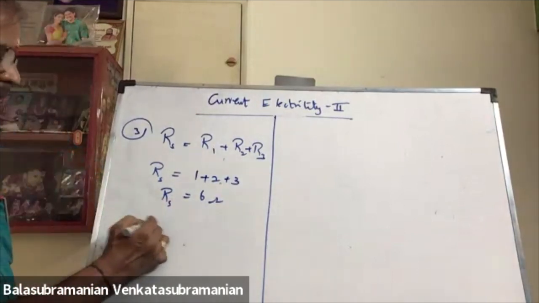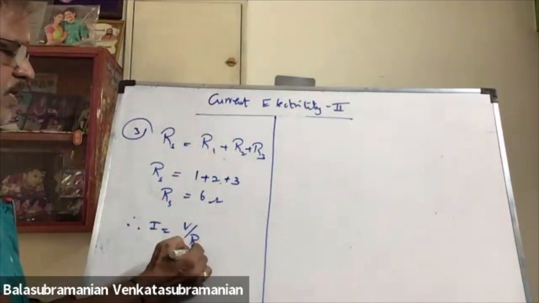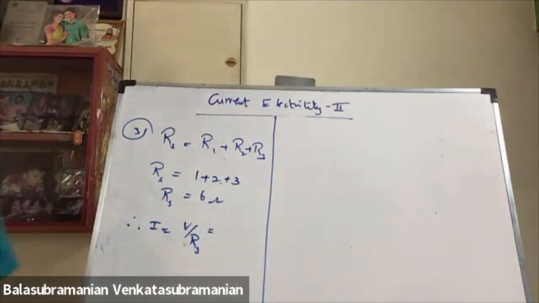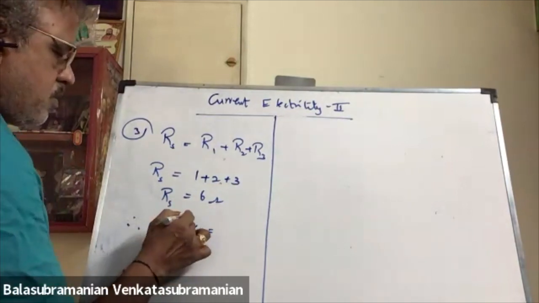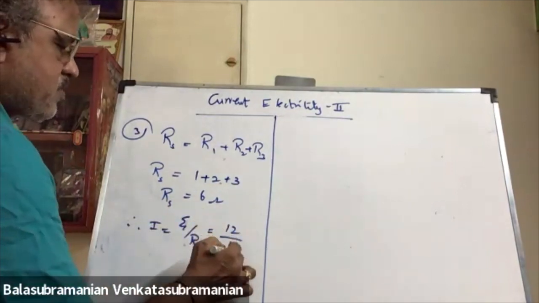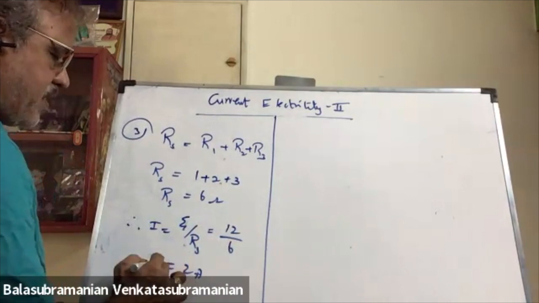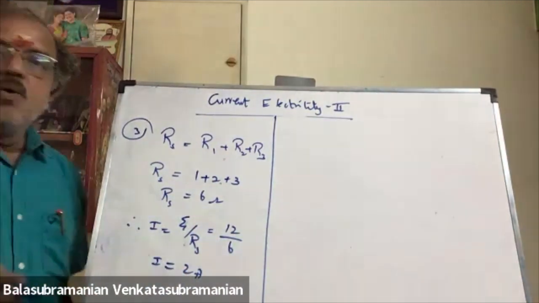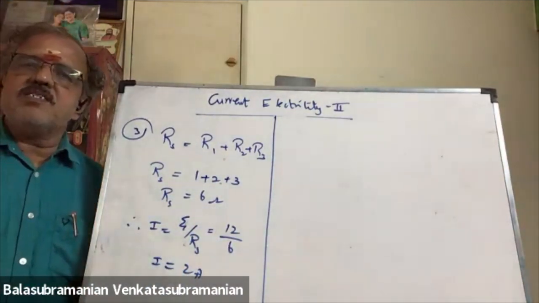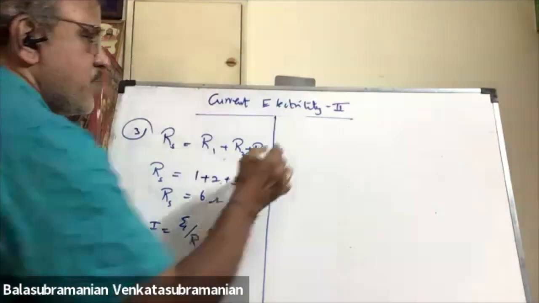Therefore, current I is equal to V by Rs. What is the potential given? EMF of the battery is 12 volts. 12 by 6, so 2 ampere current. What is the potential drop across each resistor is the question.